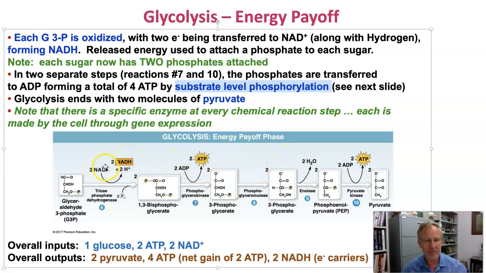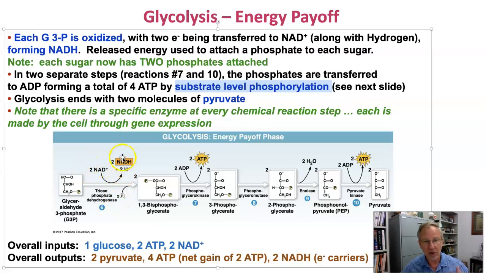Why is that? That's because there are 2 molecules of glyceraldehyde 3-phosphate that are coming through these chemical reactions. We started with 1 glucose, and it got split into 2 glyceraldehyde 3-phosphates. So each of those G3Ps are moving through this conveyor belt of chemical reactions.